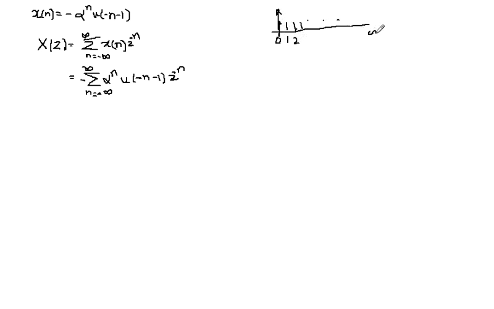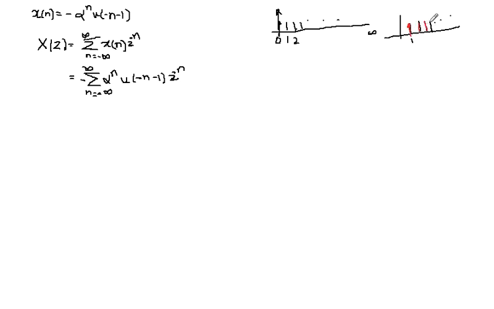Then u of n minus 1 is the signal which starts at 1. It is not having the sample at 0. So it is this kind of a signal, but from 1 it is beginning. So the samples begin from here.